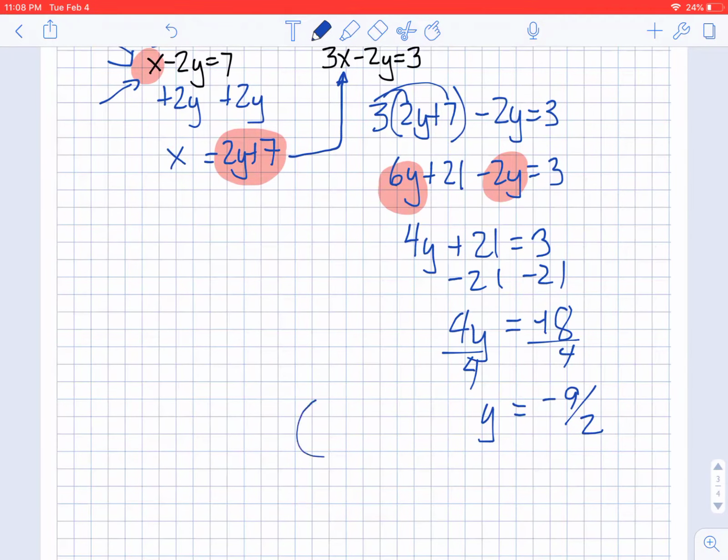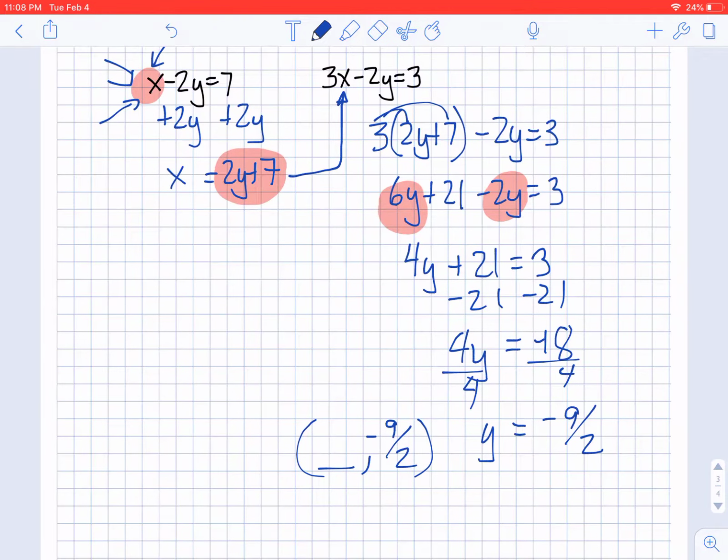Again, this is half my answer. I have to go find the x value. Again, take that y value that you have, and let's plug it in. You can go back to either equation. So I could plug it in for y there, or I could plug it in right there.